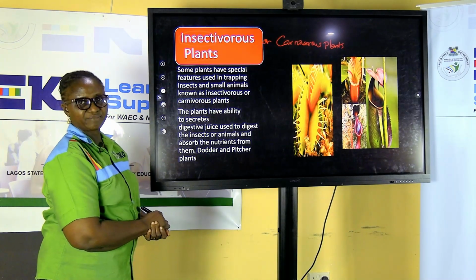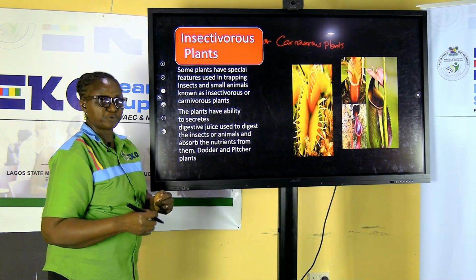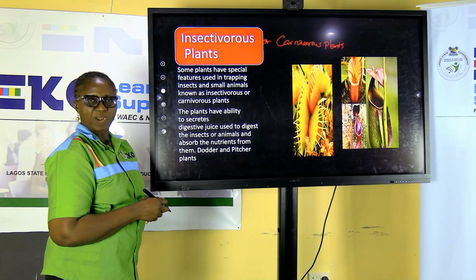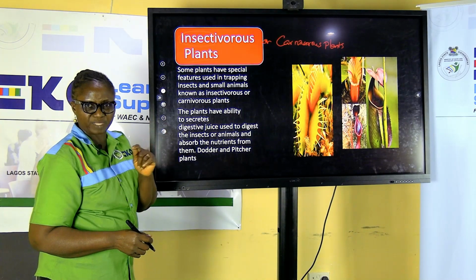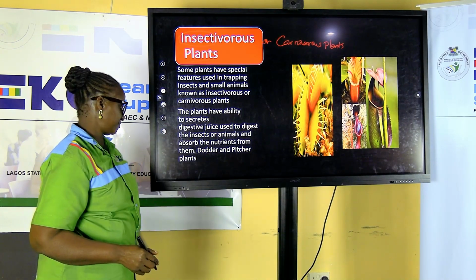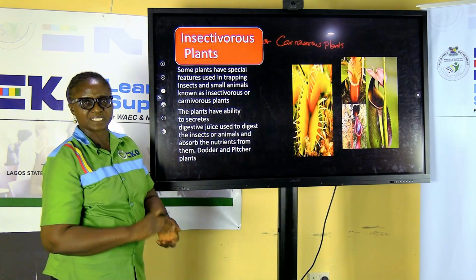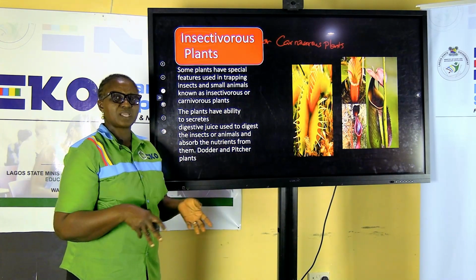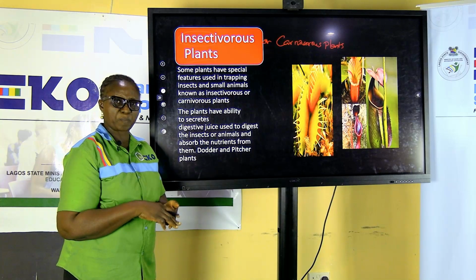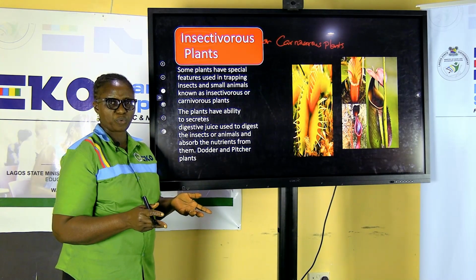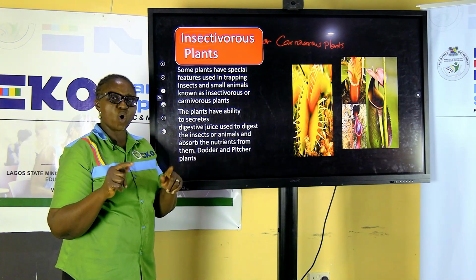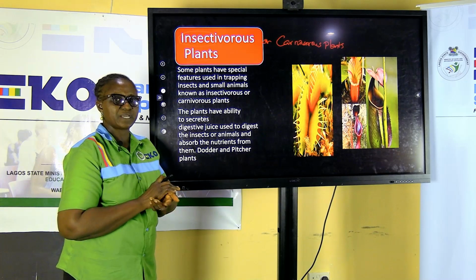They are able to derive part of their food from animals. What do they derive from them? Basically, these insectivorous or carnivorous plants grow at places where nitrogen supply is very low. So they depend on animals to supply them nitrogen.